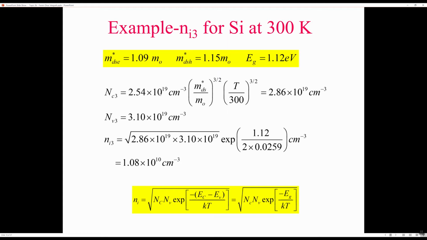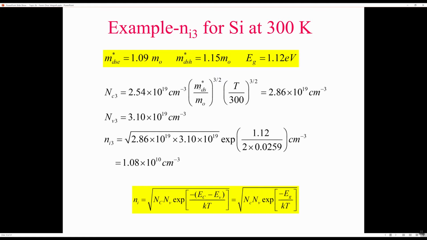And this is how you're going to use it. If the effective density of states is already given here and you are supposed to change the temperature, what you have to do next is put this temperature here, similar to last semester, but you added this new bracket here.